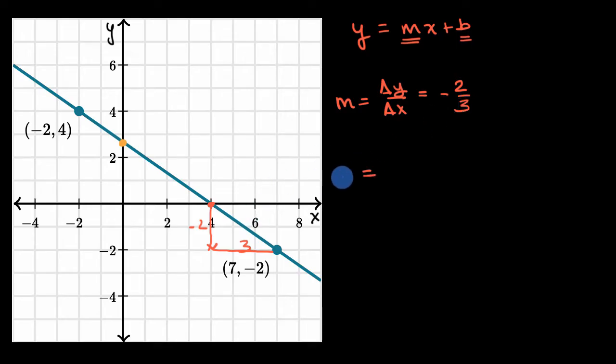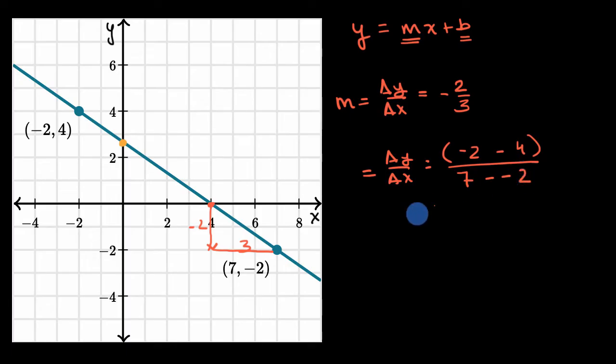Another way, just to make sure that I'm not eyeballing it incorrectly, is I could look at these 2 points, which they've actually given us the coordinates for. From this point -2, 4 to this point 7, -2, I could say my change in y is this y value, -2, minus this y value, 4, over this x value, 7, minus this x value, -2.